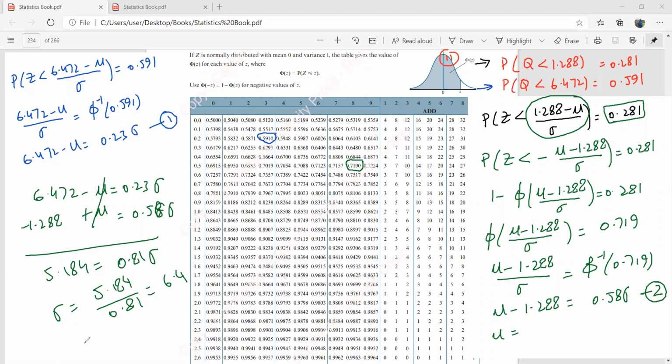Let me highlight this, and then you put it here. This is going to be 0.58 times 6.4 and then plus 1.288. So you have this as 5, so mu is 5. These were the two values, and you see how we used all these concepts.